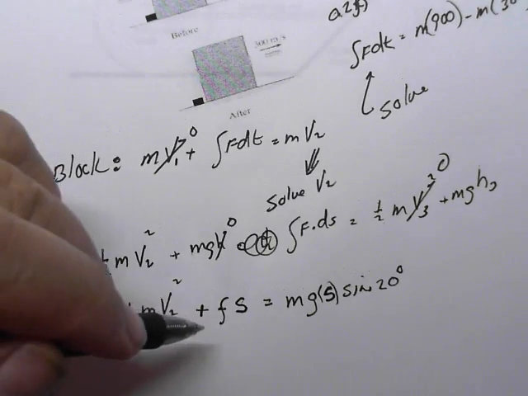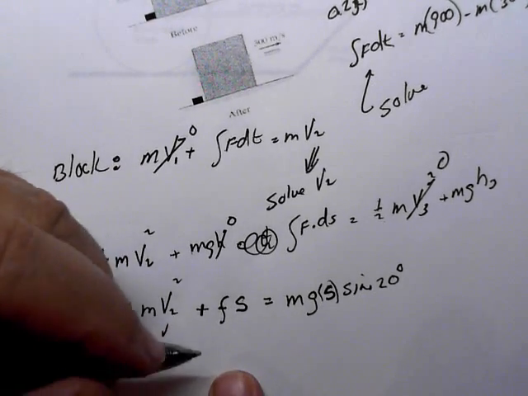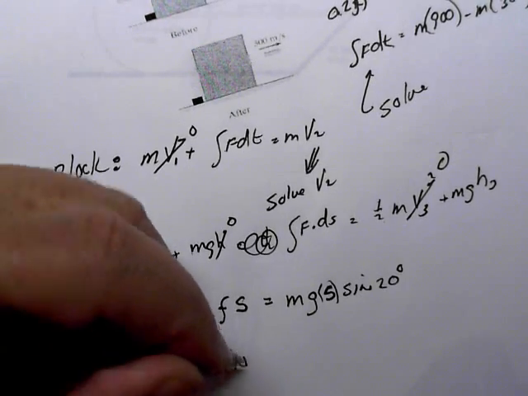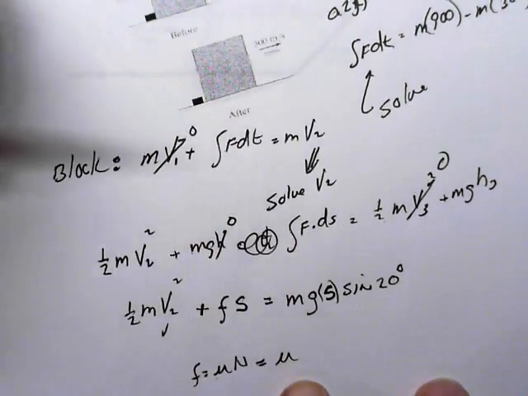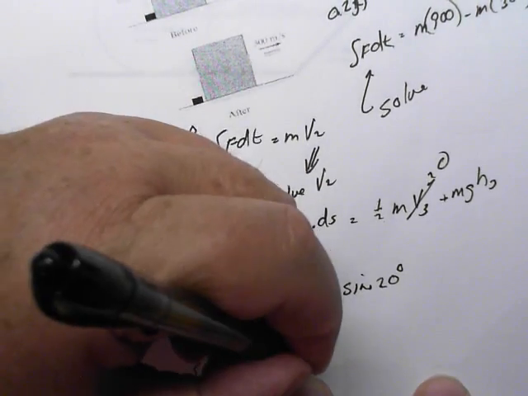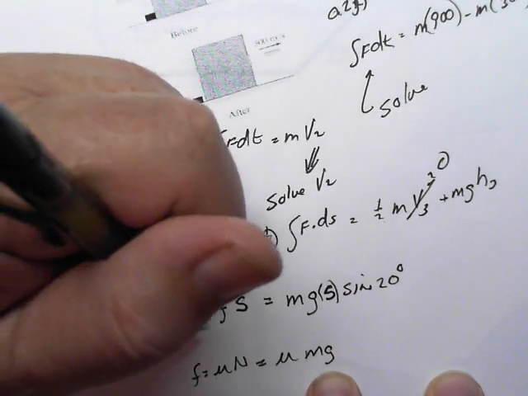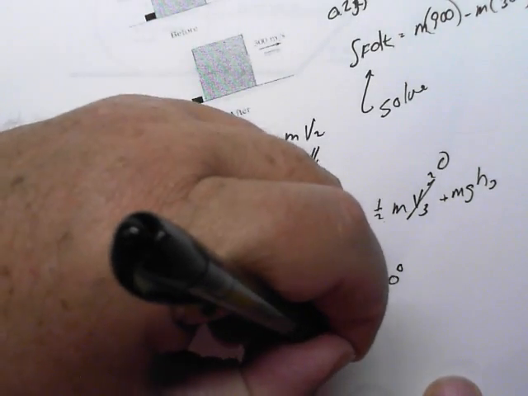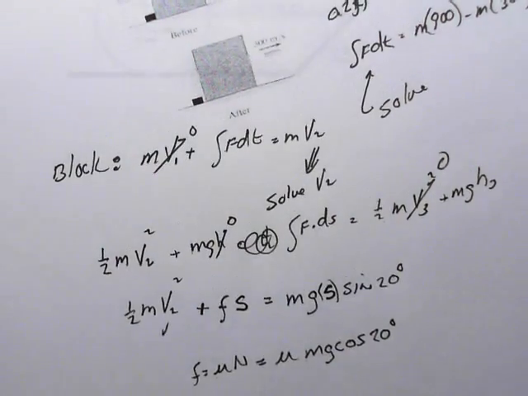And our friction is going to be a mu times n thing, so let's just deal with that. Friction is equal to mu times n, but when we sum forces in the y direction, n is going to become mg cosine of 20 degrees.